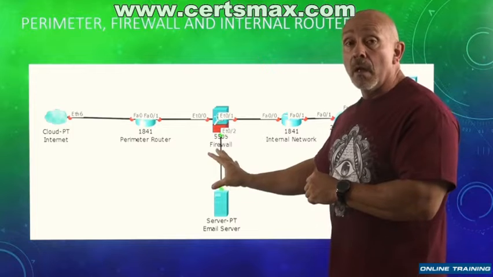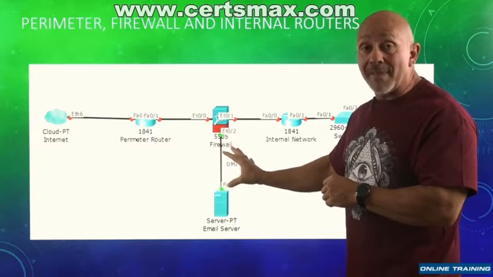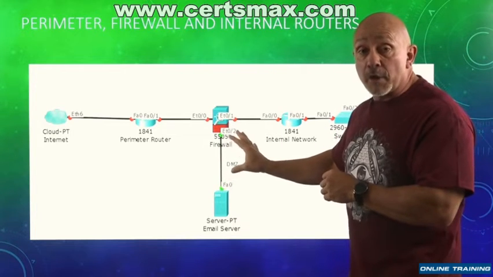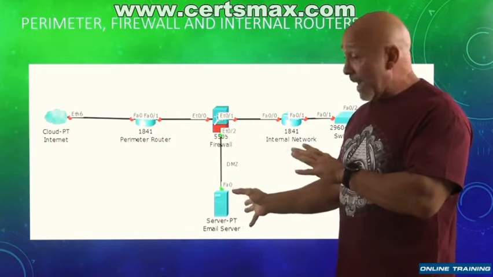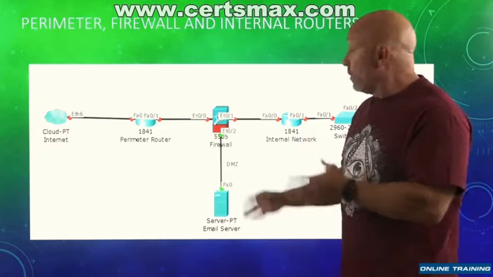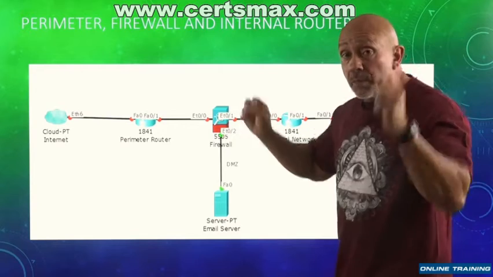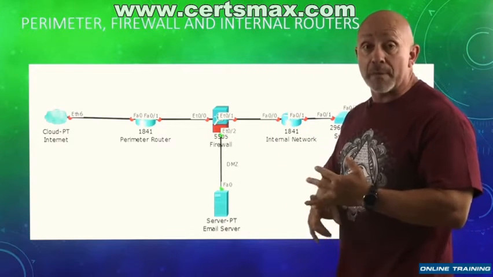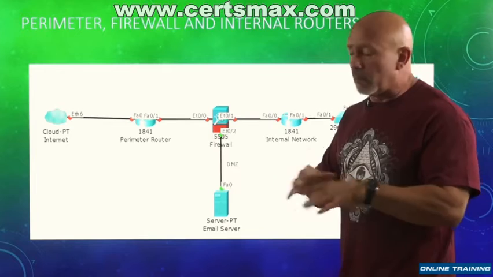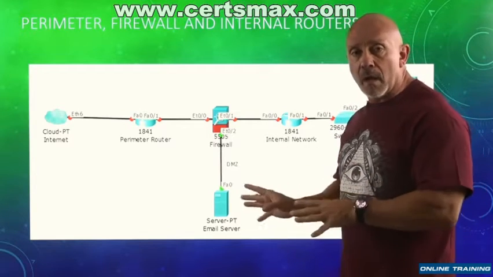It all depends on how you configure a firewall and the type of firewall that you're using. Like I said, you have an email server here that has a public address, and you will connect it to the untrusted portion of the firewall. You could also find DNS servers, web servers, and any other type of internet corporate servers on there.